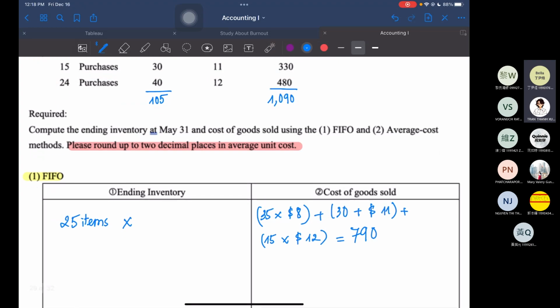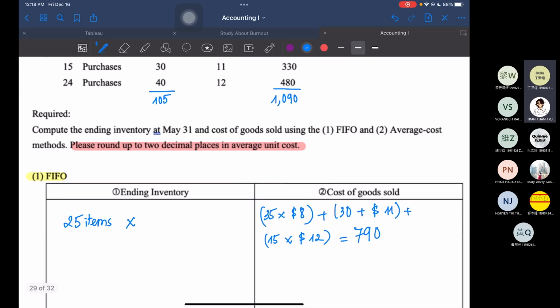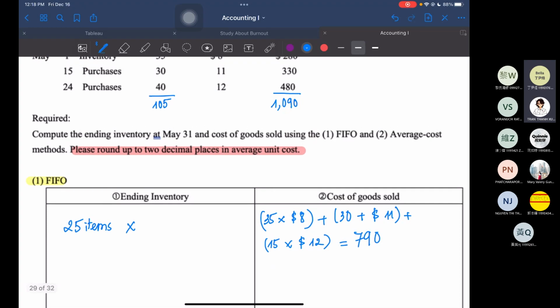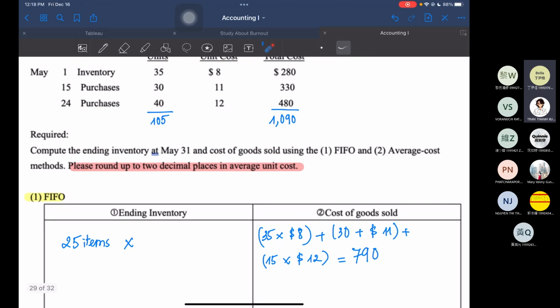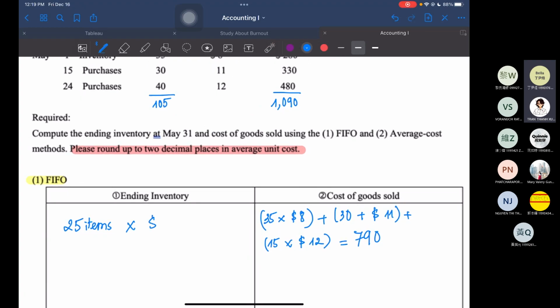If the last order is smaller than 25, then we must continue going up. Cost of goods sold, we go down, but in the inventory, we go up. So here we use 12, so this is 300, isn't it?